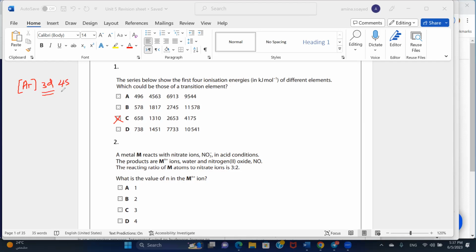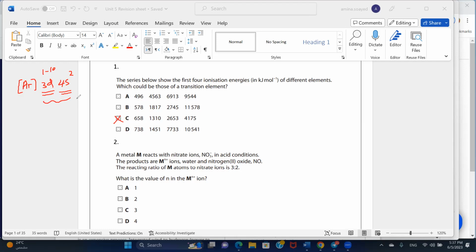The 3d and the 4s are two energy levels that overlap, so the 4s is filled first by 2 electrons, and then the d is filled by from 1 to 10 electrons, depending on the metal.